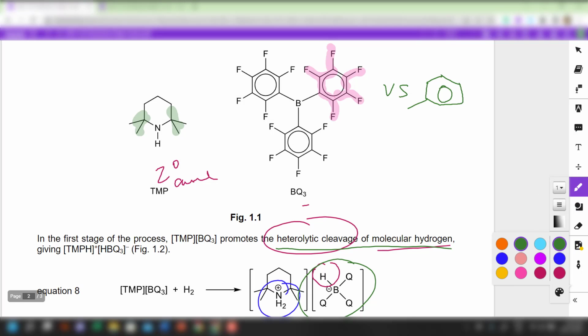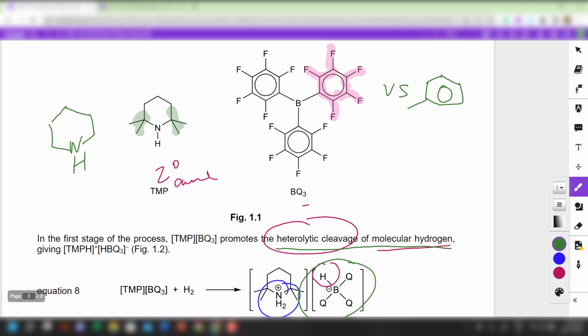So if you compare it with piperidine, the number of electron donating groups is the same. What makes the difference is the steric demand imposed by the 4-methyl groups, or 2 on each side, on TMP.